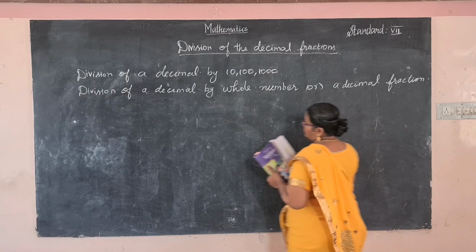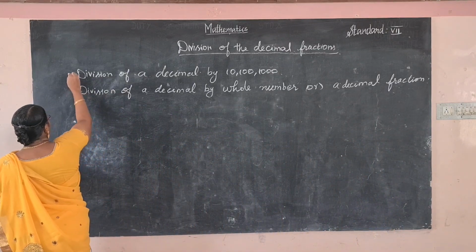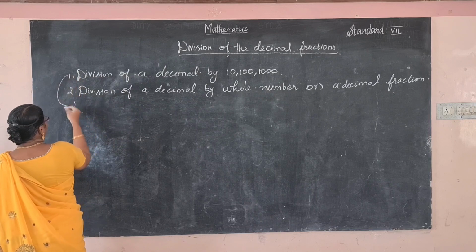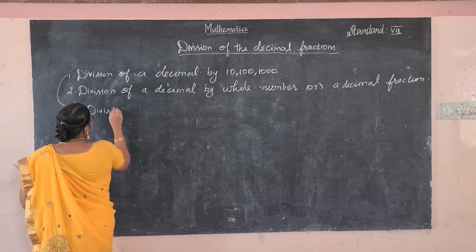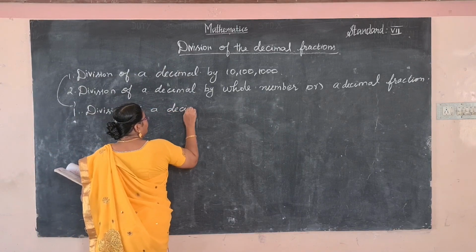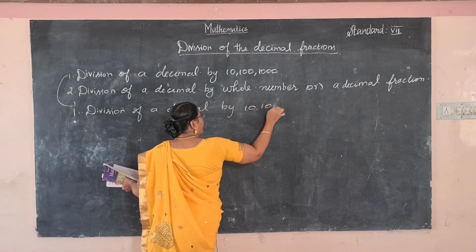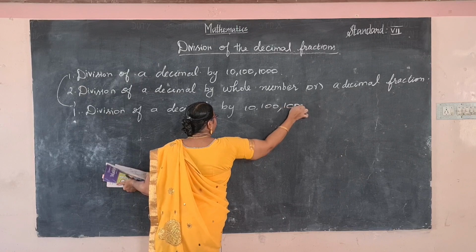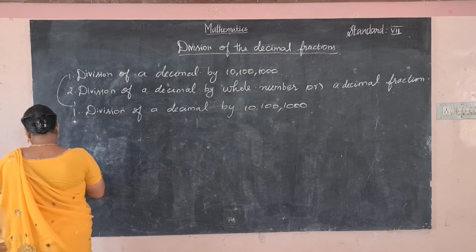Decimal fraction. Okay, so first type, division of a decimal by 10, 100, 1000. Okay, say an example.